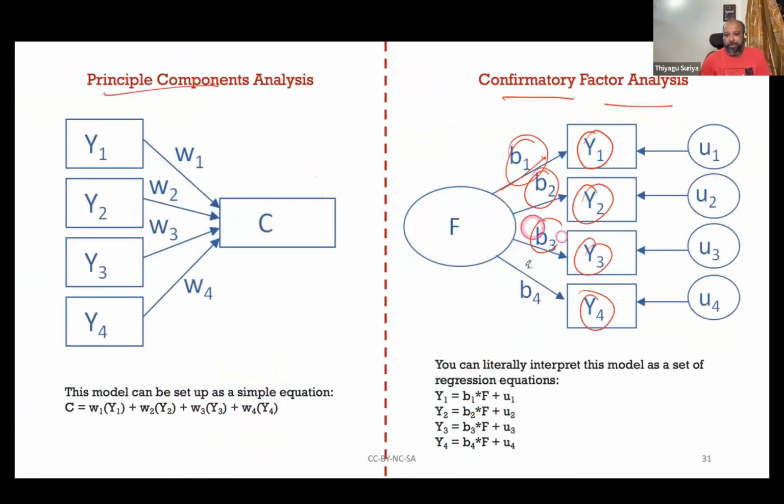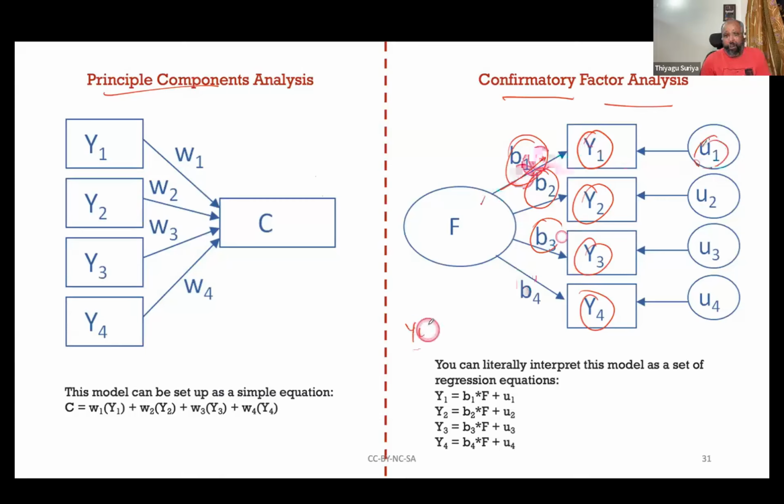In the case of confirmatory factor analysis, I'm talking about confirmatory factor analysis, you know that we have equations where we need to find y1, y2, y3, y4. Y1 depends on f, and this b1 is nothing but a beta value. So every time y is connected with f and beta 1 and e1.